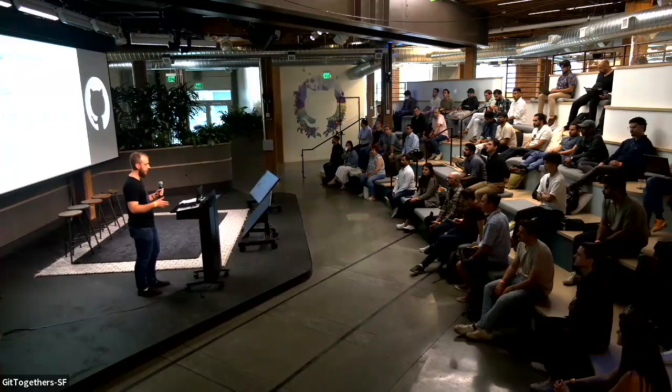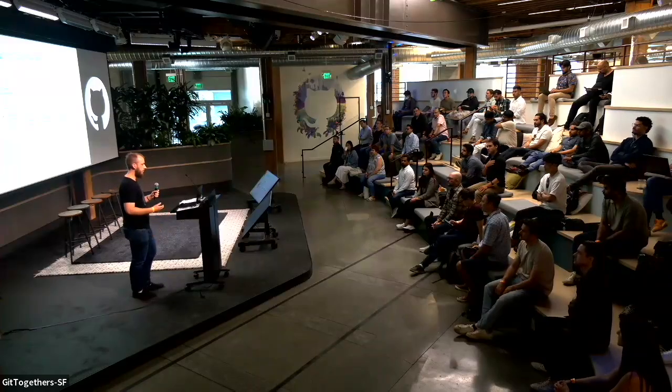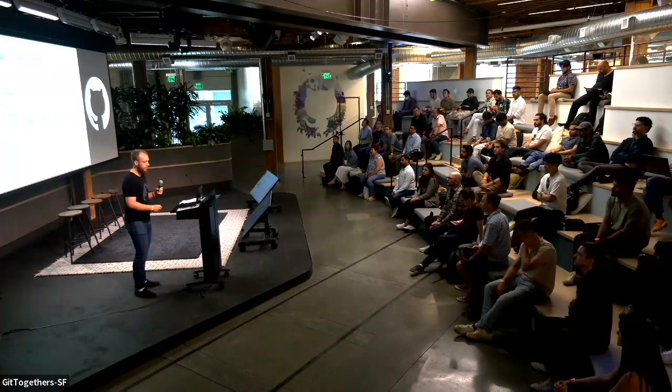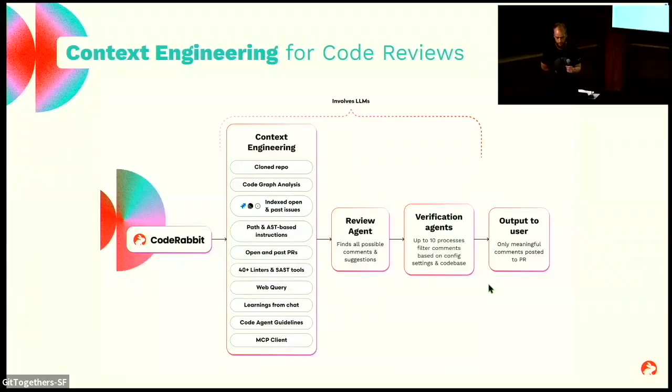It's agentic, it's calling multiple LLMs. We use all the major LLMs. It can execute tools and web queries and shell scripts as it sees fit. And then after that, we have a verification agent step, in which we are filtering and basically auditing the review agent.